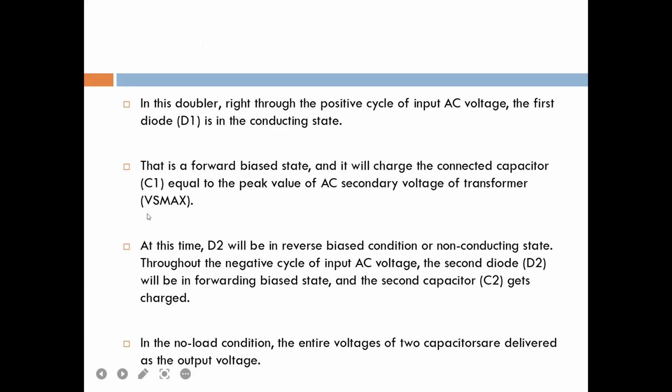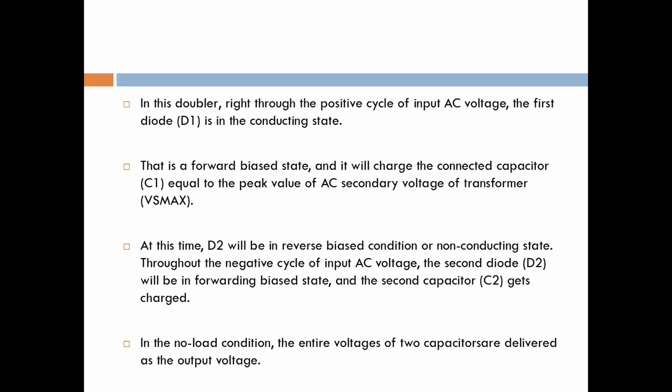And at this time D2 will be in the reverse bias condition and non-conducting state. Throughout the negative cycle of the AC voltage, the second diode D2 will be forward bias and the second capacitor gets charged. In the first, positive cycle, D2 is in reverse bias, so C1 is charged because D1 is forward bias. It is fully charged to Vs maximum.